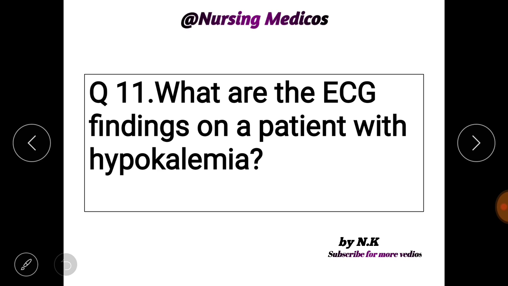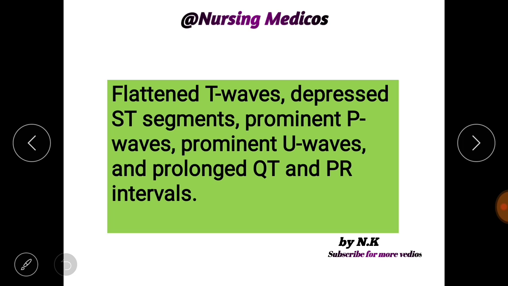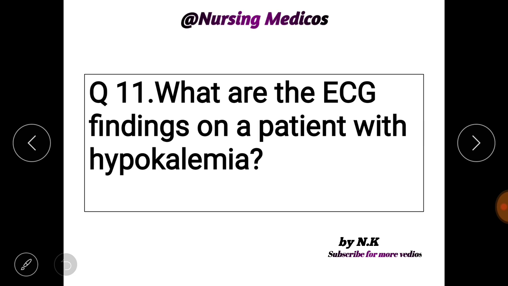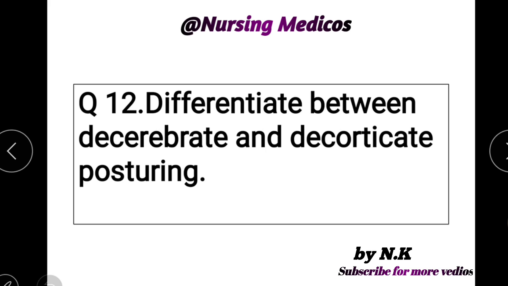Next one, what are the ECG findings in a patient with hypokalemia? We'll see the answer. There are flat T waves, depressed ST segments, prominent P waves, prominent U waves, and prolonged QT and PR intervals. That is in case of hypokalemia.